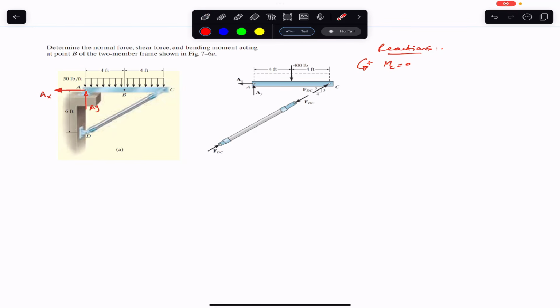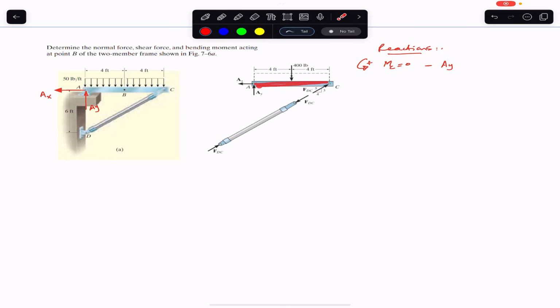Now, as we can see, this AX is passing through that point C, so it's not going to produce the moment about point C, since its moment arm from that point C is 0, and this DC is passing through this point C, so it's not going to produce the moment about that point C. So only this AY and this 400 pound force are applying the moment about point C. This AY is producing the clockwise moment about point C, so we will write minus, and the moment arm of this AY from that point C is the length of this member AC.